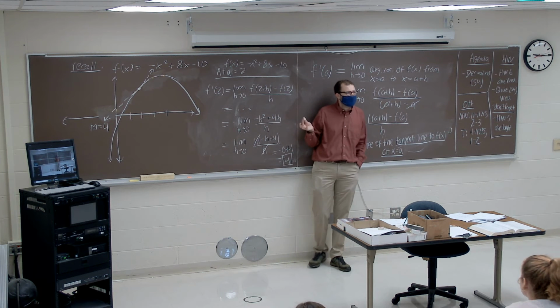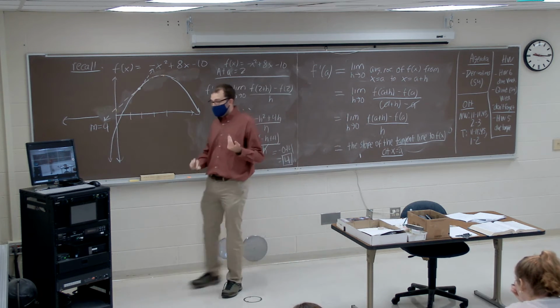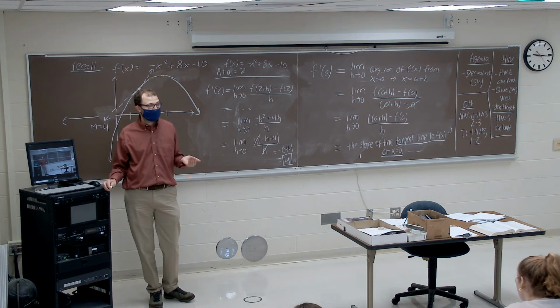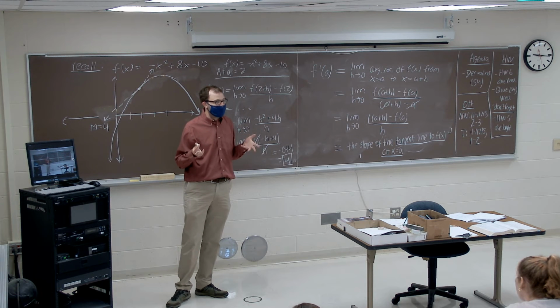Ultimately, what we're going to be doing, though, in a lot of our later standards in the semester, is using this instantaneous rate of change number to tell us a lot of important information about how different types of mathematical objects, different types of mathematical expressions are changing over time.